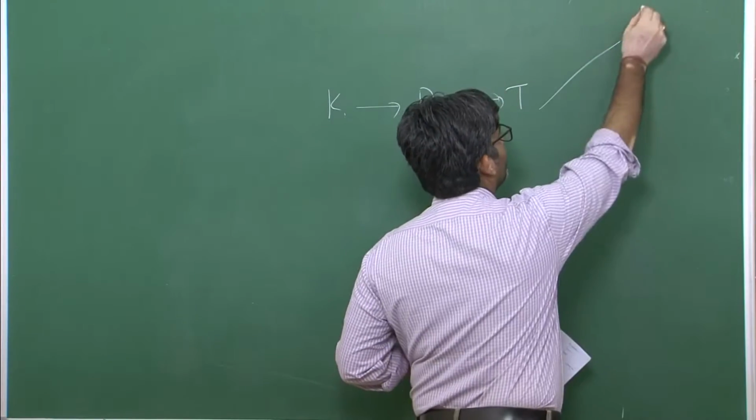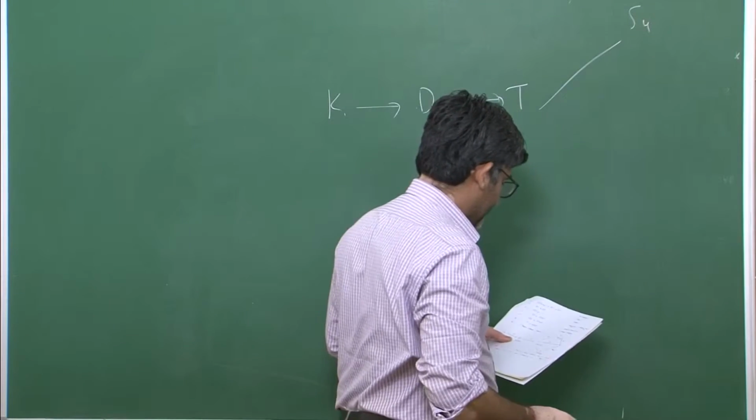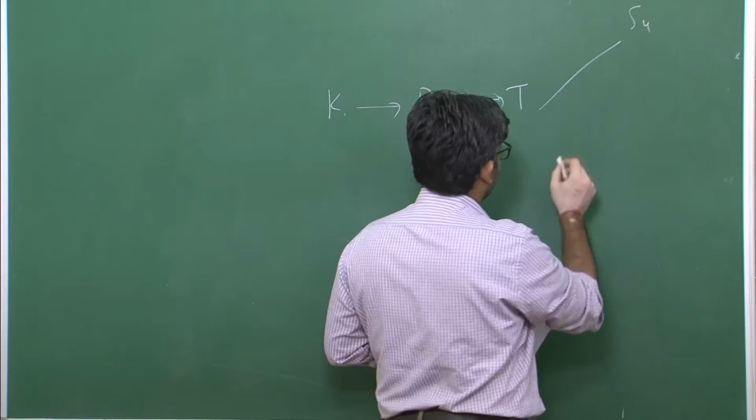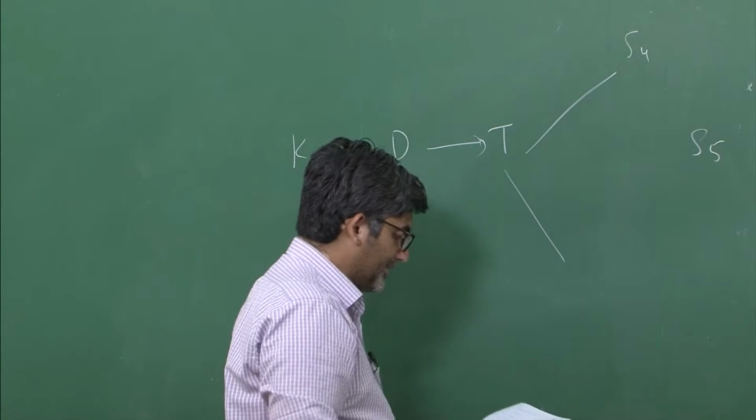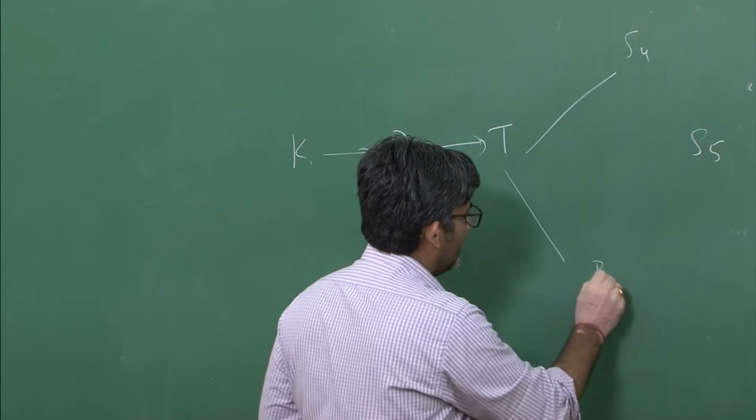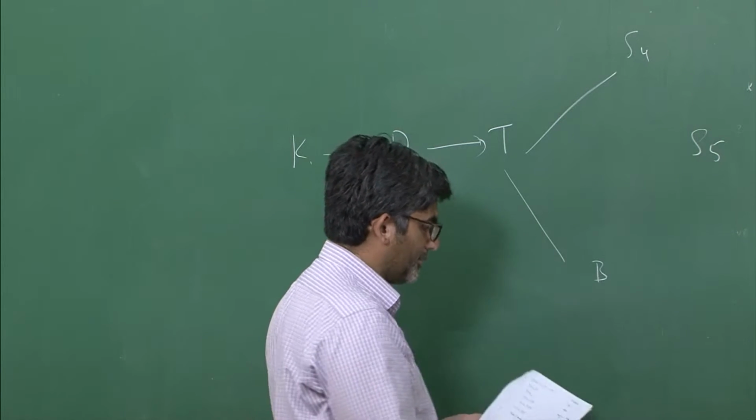We have S4 here, and then we have S5, and then we have some other axiomatic systems like B, which requires a symmetric property.